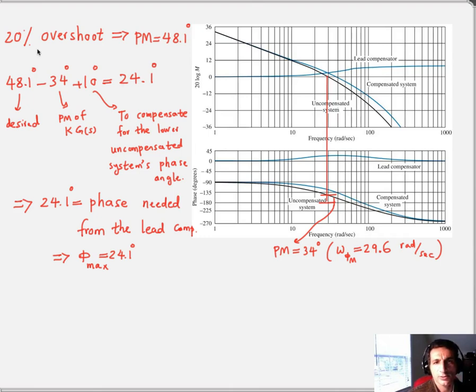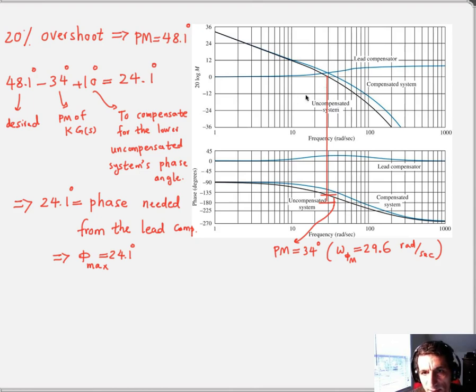In the next slide, the black plot, the magnitude and phase angles, corresponds to the uncompensated system. Now you can figure out the associated value of the phase margin.